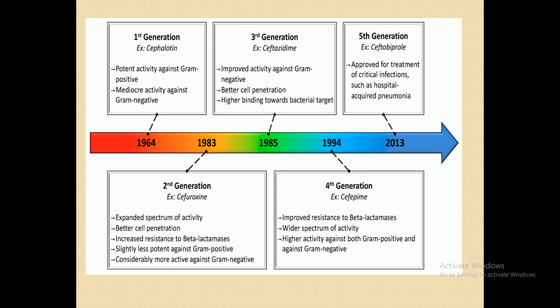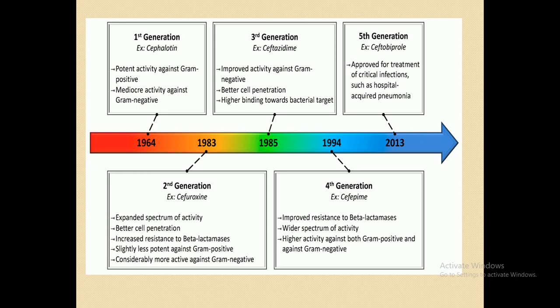Most of the students ask me, sir, how can we differentiate between first, second, third, fourth, and fifth generation? A simple answer is that first-generation antibiotics were discovered earlier, then second, then third, and fourth.